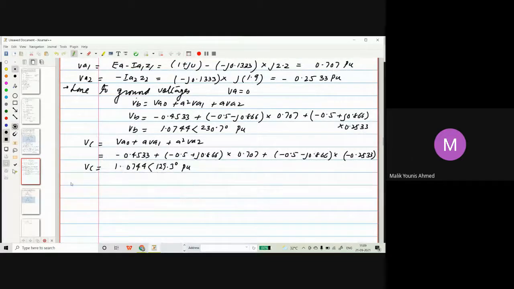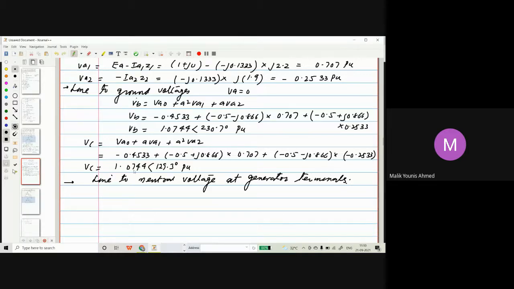So we have line to neutral voltages at generator terminals.